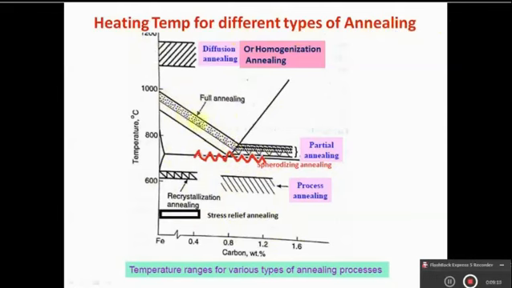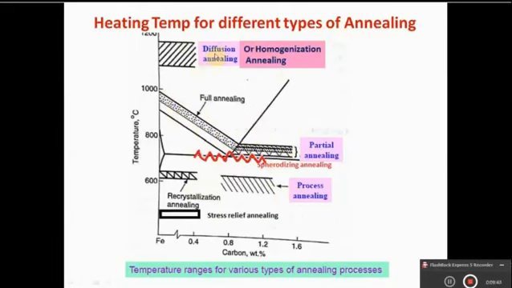So this dotted portion indicates the heating zone for full annealing of hypo-eutectoid steels, and full annealing of hyper-eutectoid steel is normally above A1 temperature. So this dotted portion is here. By just observing this figure, you can get an idea regarding up to how much temperature the casting should be heated, held for some time and followed by slow cooling.